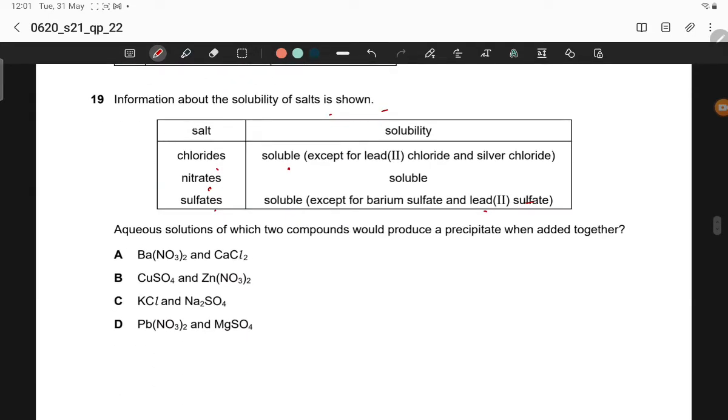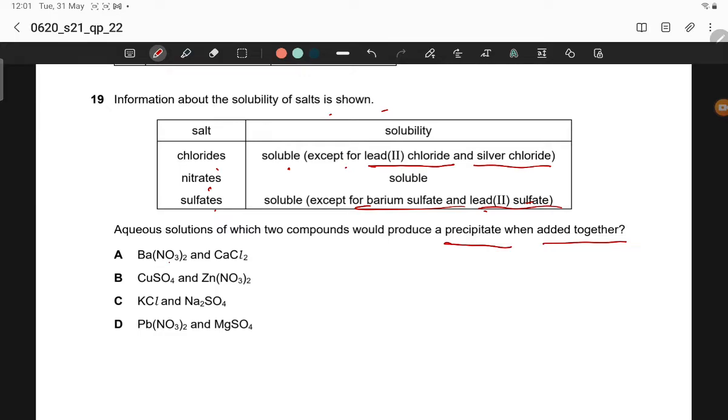Question number 19, information about the solubility of salt is shown. All chlorides soluble except for lead 2 chloride and silver chloride. Sulfates soluble except barium sulfate and lead 2 sulfate. Aqueous solutions of which two compounds would produce precipitate when added together?